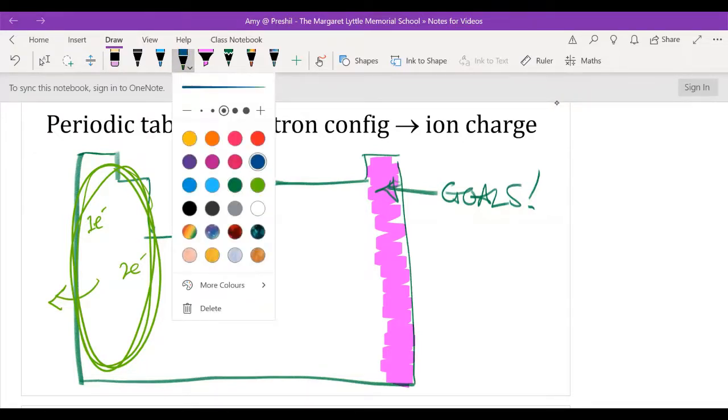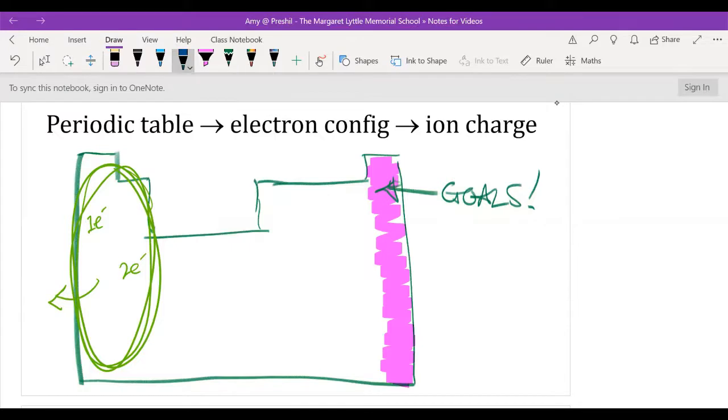If you're one of these guys, you are going to gain 1 electron, or gain 2 electrons if you're oxygen or sulfur, or even if you're nitrogen, gain 3 electrons.